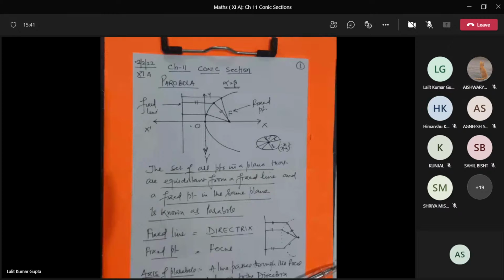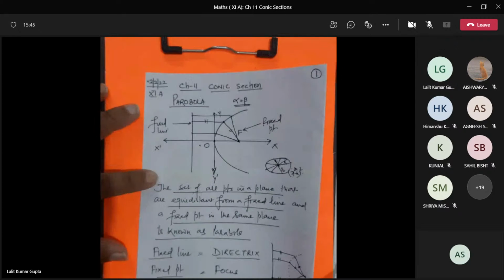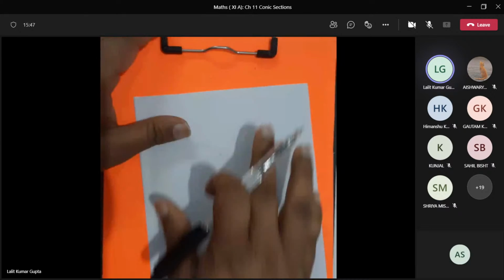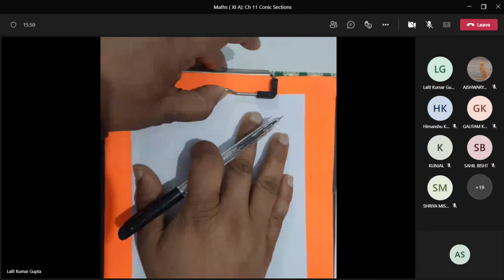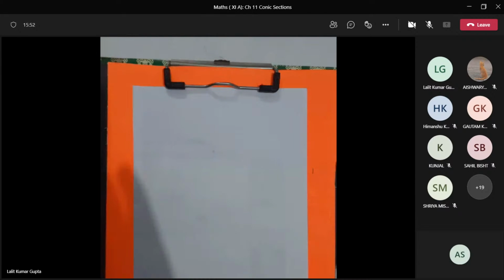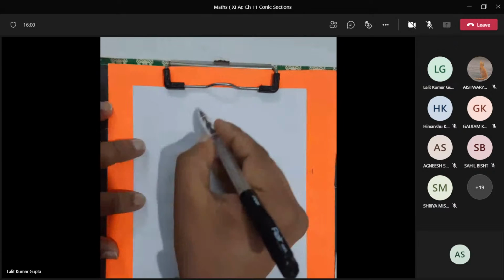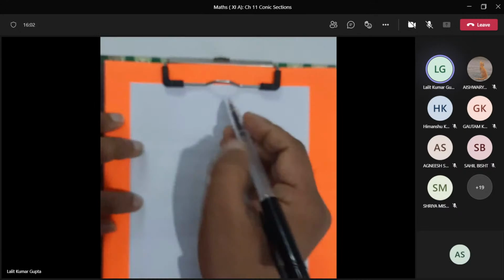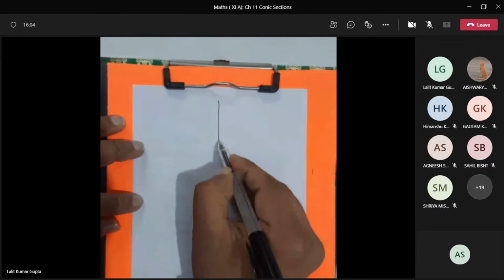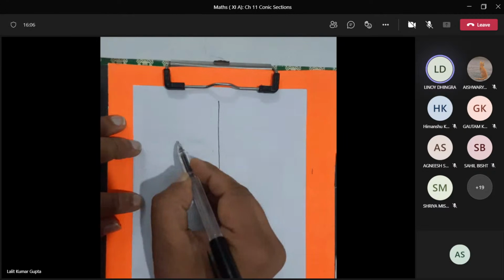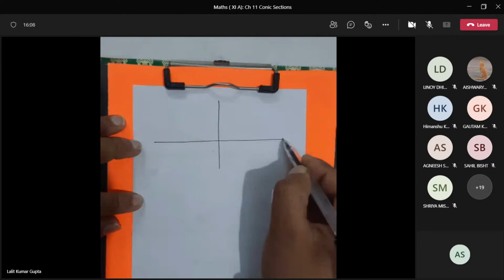Thank you, sir. बेटा see, I'm again making a diagram. Sir, please map to present Lenoir. Lenoir, 1 second.